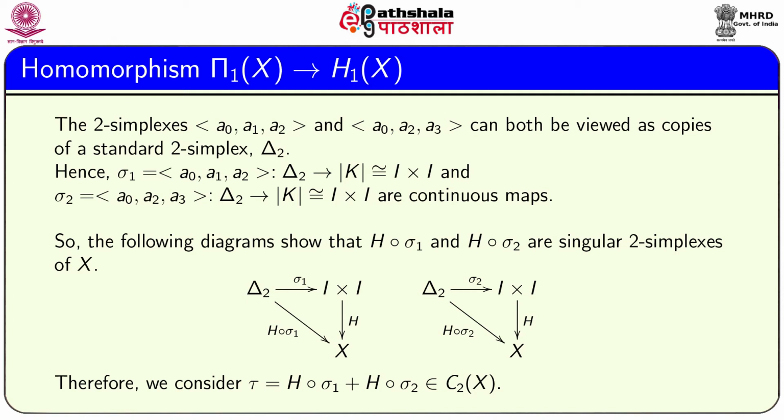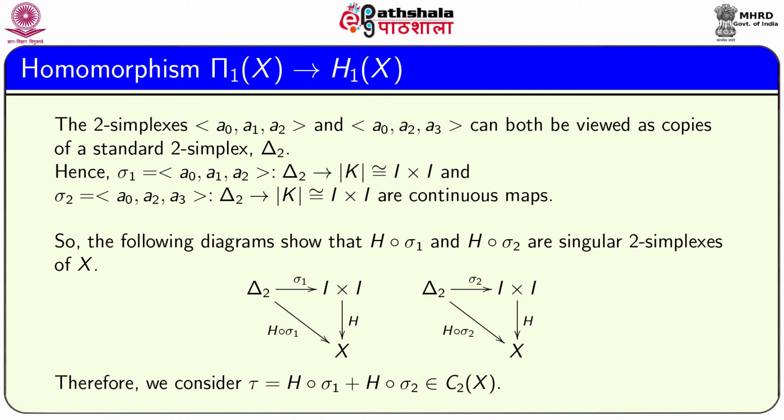We already had that homotopy capital H from I cross I to X, and sigma 1, sigma 2 both are continuous functions, and thereby H compose sigma 1 and H compose sigma 2 are 2 continuous functions from delta 2 to X, and therefore, they are singular 2 simplexes.